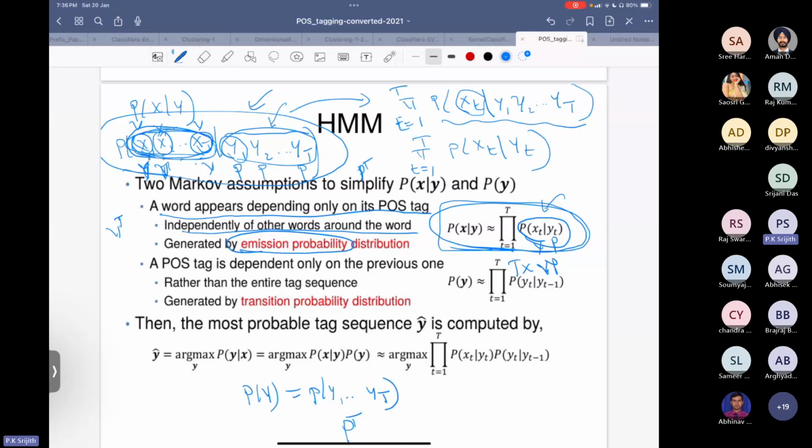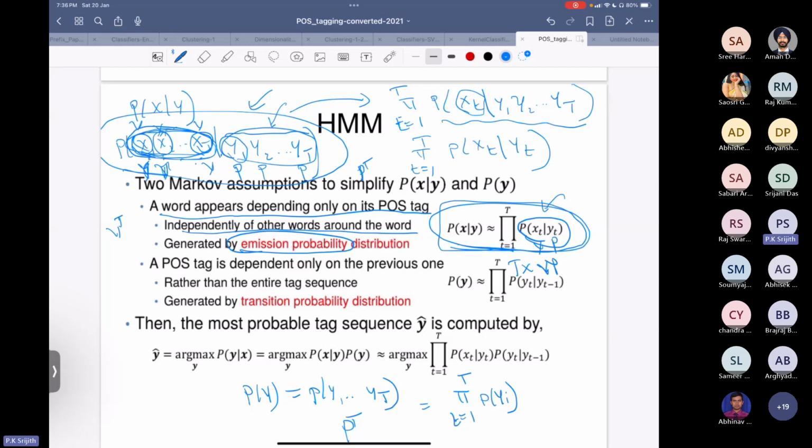And maybe now I go for the most simplifying assumption. Let's say I write it as the product over t equal to 1 to capital T of p of yt. If I make this simplifying assumption, I can reduce the number of parameters.